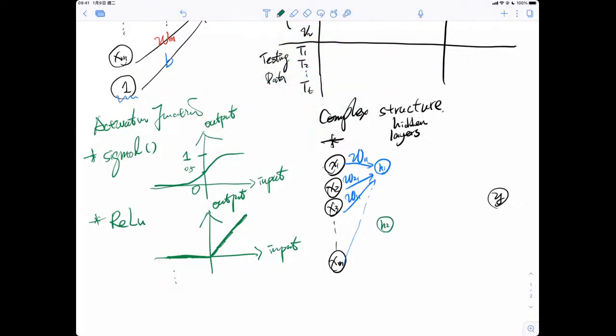This hidden layer has a second neuron, which is H2. So you still have weights right here, W12, W22, and so on and so forth.